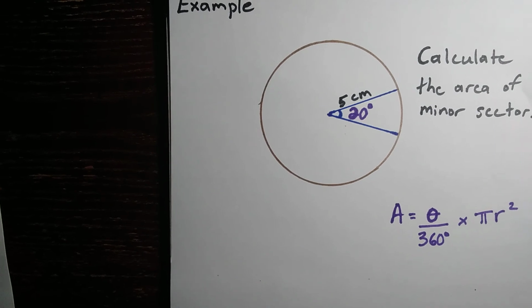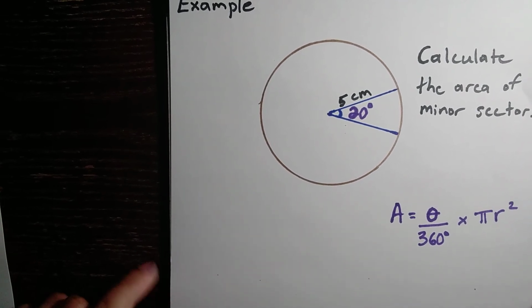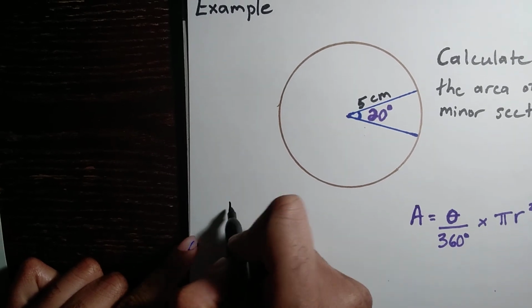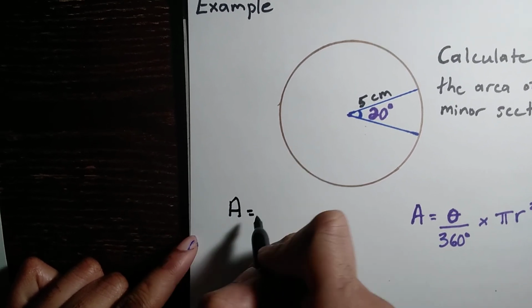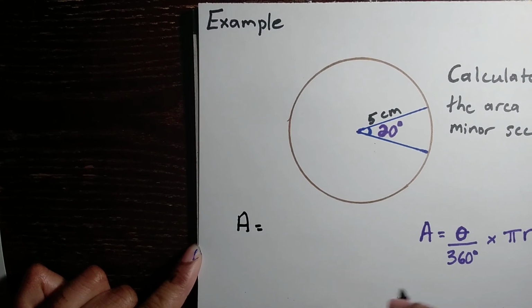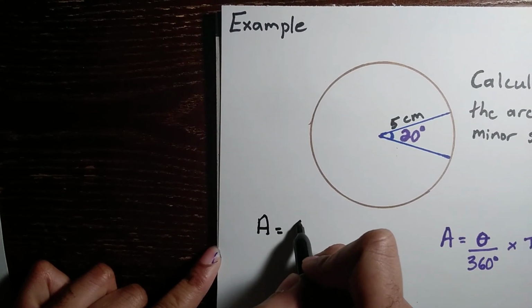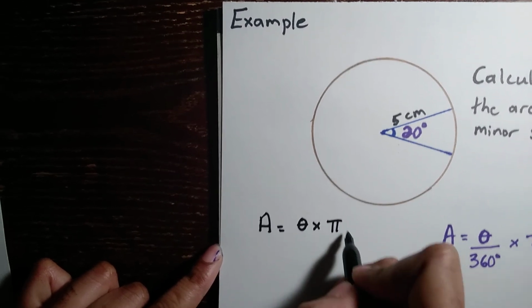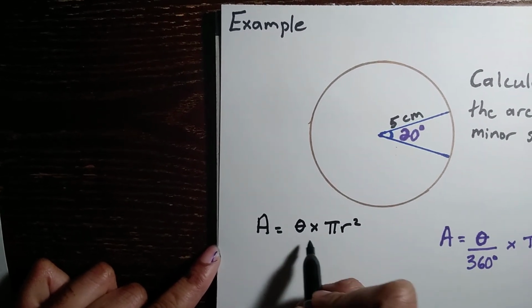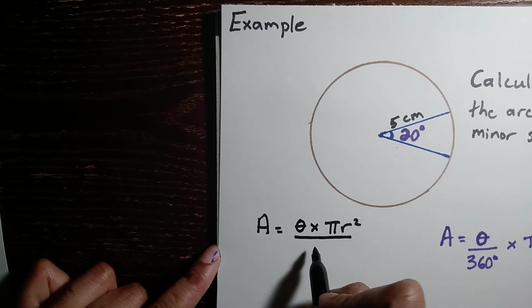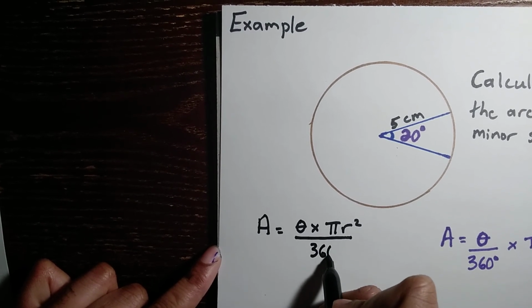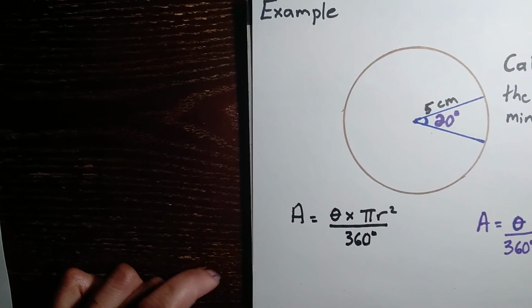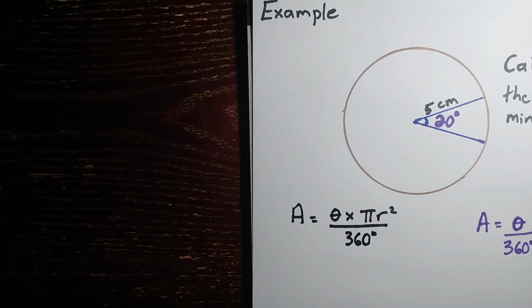But to make this process simple, I'm going to make a slight change to the formula. I'm going to say A is equal to theta times pi r squared over 360 degrees. All right. Let's continue.